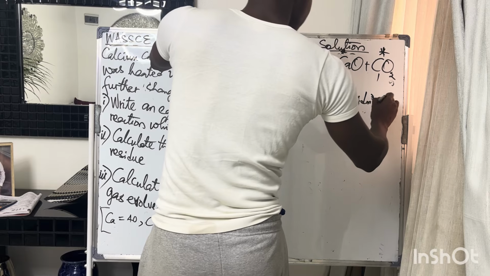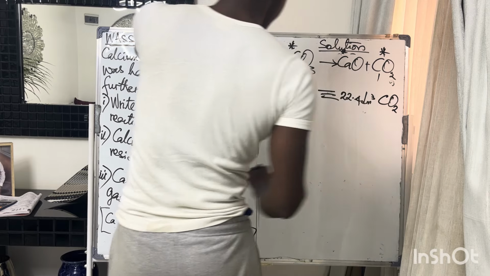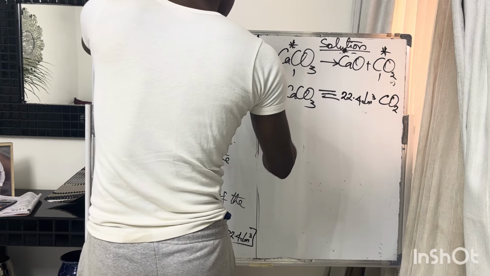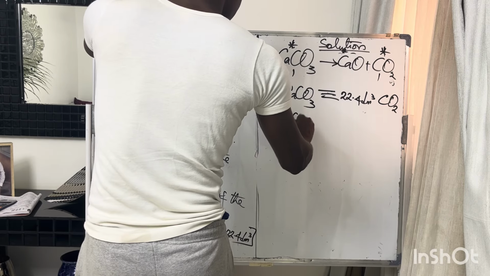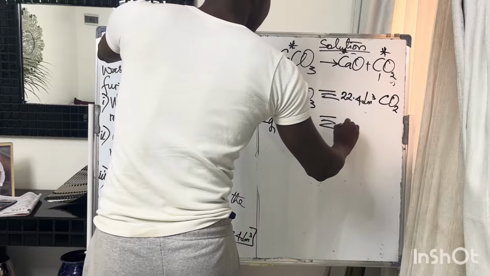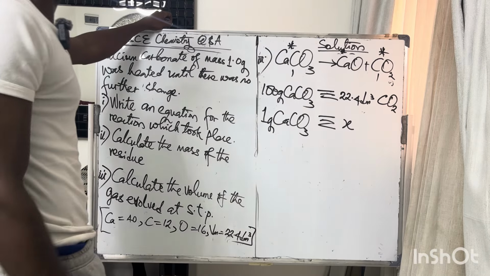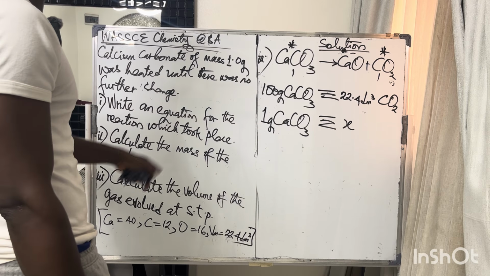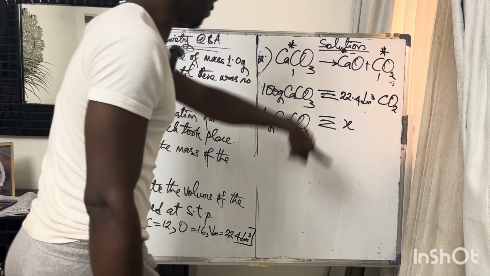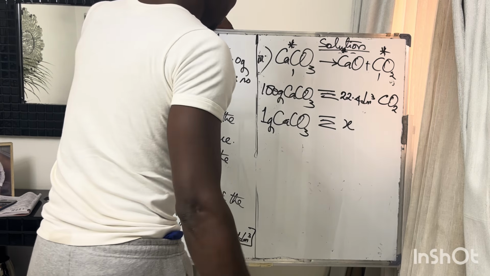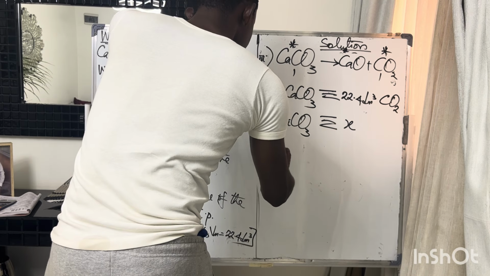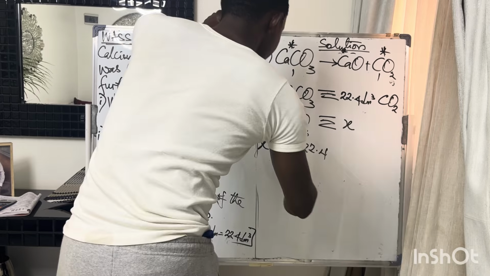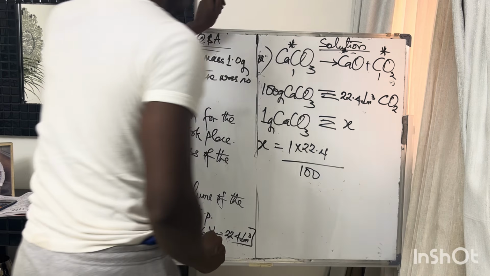From the question, when we have 1 gram of calcium carbonate, what becomes the volume of the gas evolved? Just like we did the other one. Question 2 was a mass-mass relationship. This is a mass-volume relationship. So x will be equal to 1 times 22.4 divided by 100.